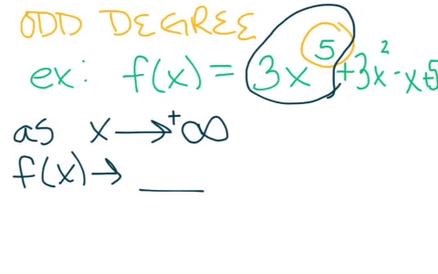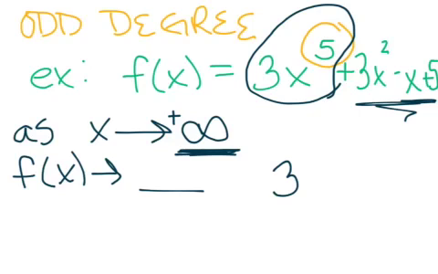So the one that has the highest power, the degree, I'm going to use that whole term because ultimately if I plug in a number that is so big and so positive, that number to the 5th power times 3 is going to have way more effect on the graph than any of the stuff that follows after it. So I'm just going to focus on what the 3x to the 5th does.